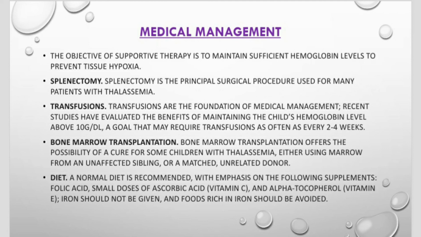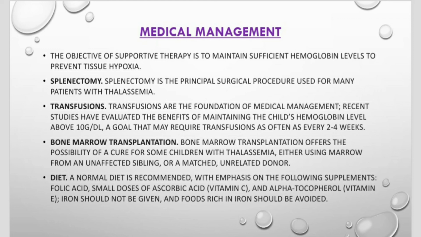Splenectomy is the principal surgical procedure used for many patients with thalassemia. Number three is transfusions. Transfusions are the foundation of medical management. Recent studies have evaluated the benefits of maintaining the child's hemoglobin level above 10 grams per deciliter. A transfusion is required every 2 to 4 weeks.